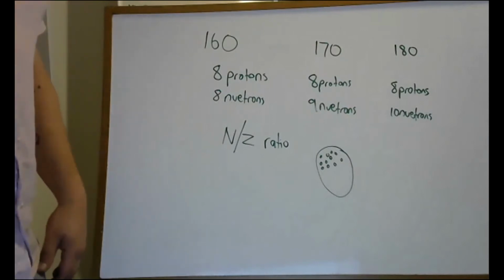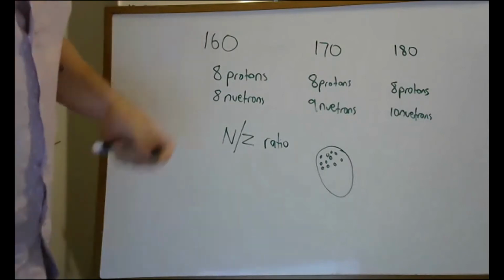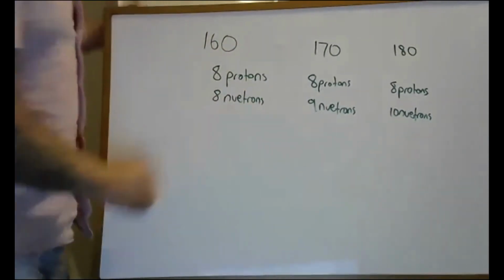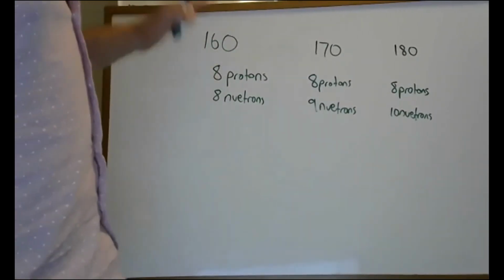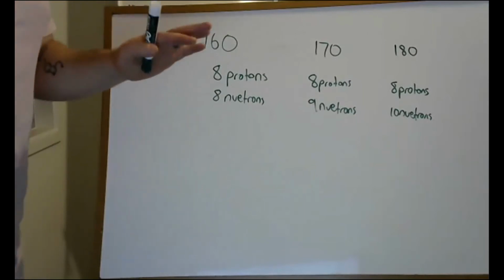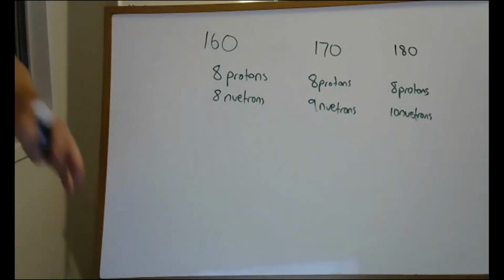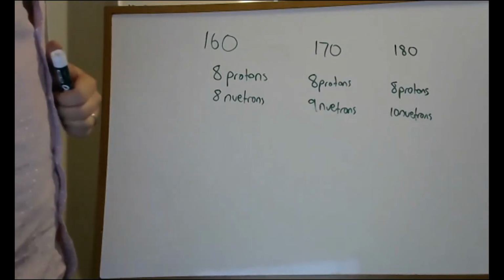We'll go through more of that when we start looking at radioactivity and unstable elements. The isotopes have the same chemical properties, but will have slightly different physical properties.